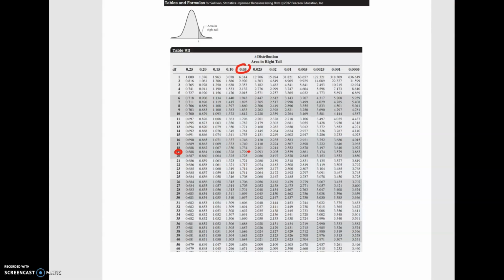So 30 degrees of freedom is going to be here. 0.025 is right next to it. So you're looking at this intersection. Let me erase the previous one so that it's not part of it.